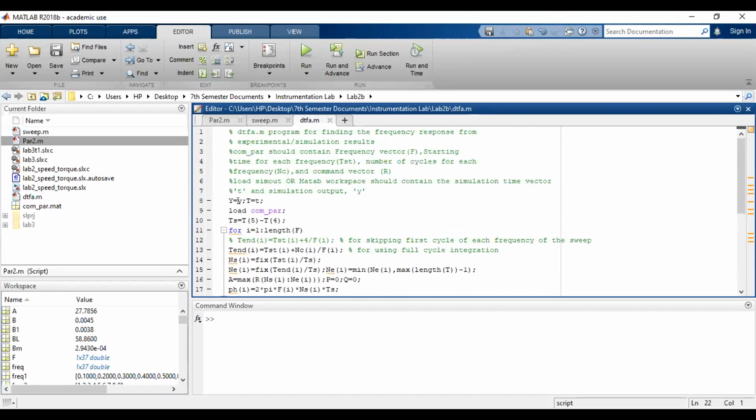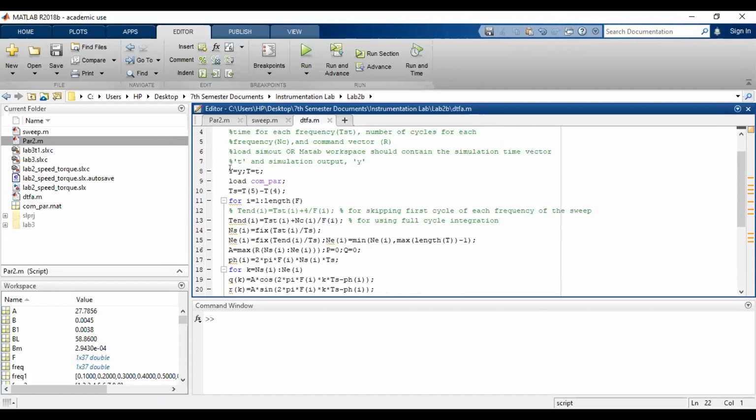Y of all element comma 1. In that bracket, capital Y is equal to small y of colon comma 1. Then you run it.